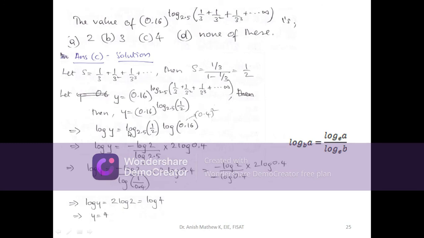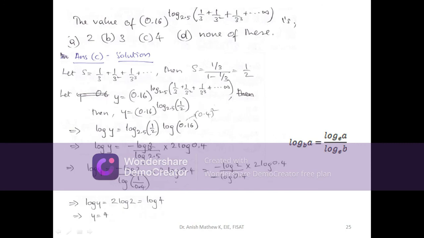Now what is the term logarithm to the base 2.5 of 1/2? Logarithm of a to the base b is equal to logarithm of a divided by logarithm of b. So here it would be logarithm of 1/2 divided by logarithm of 2.5.